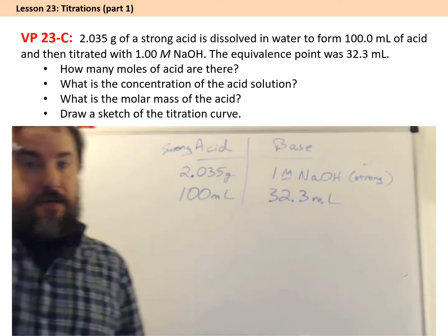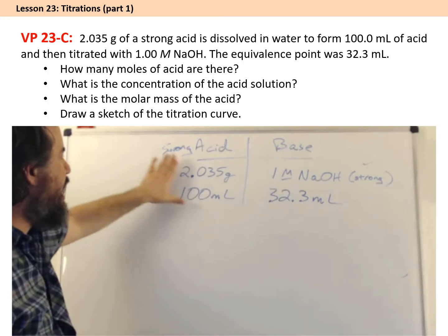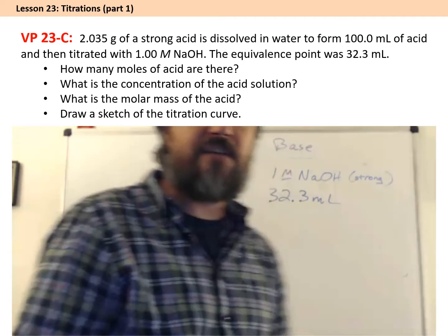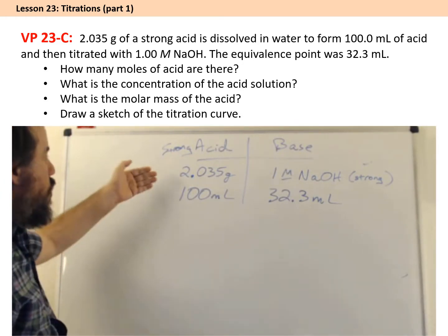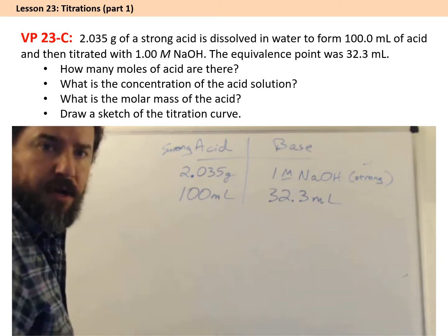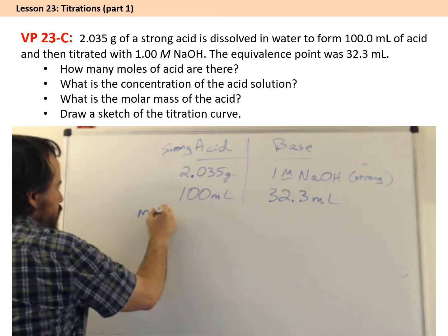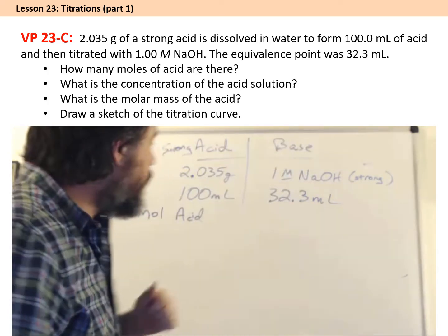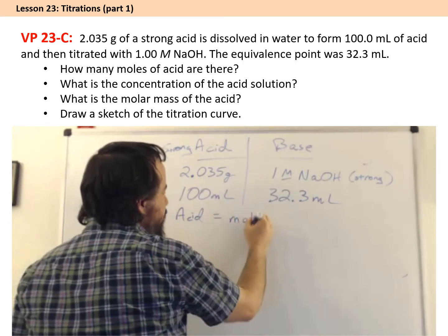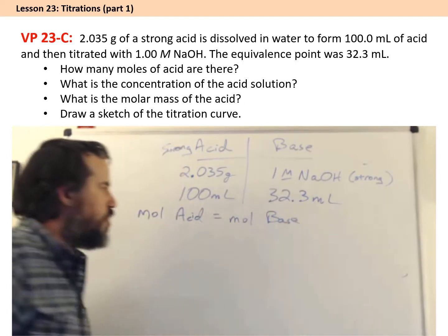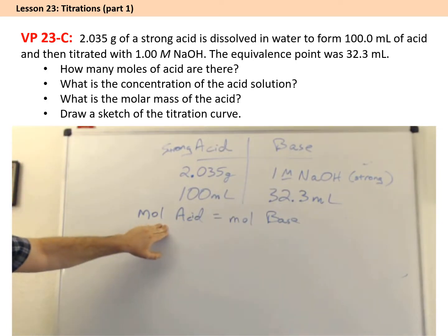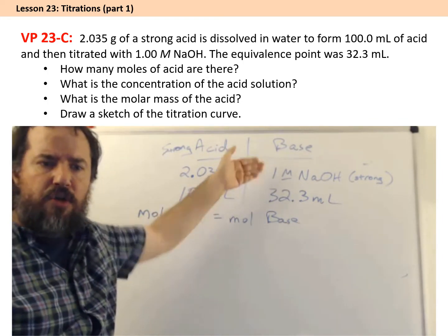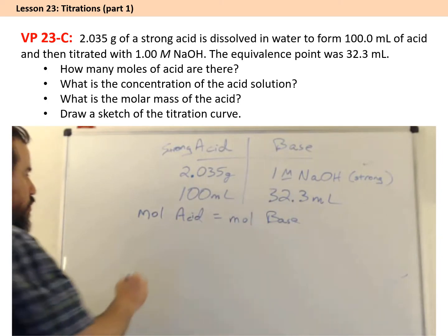Okay. All right. So I know some information about the base, some information about the acid. Let's go ahead and answer the questions. All right. So we're asked how many moles of acid are there? Well, we don't have enough information here, but remember what equivalence point means. Equivalence point is the point where moles acid equals moles base. So if I know the moles of base, I can figure out moles acid. Well, I have a concentration and a volume here, so I can use these two to figure out moles.